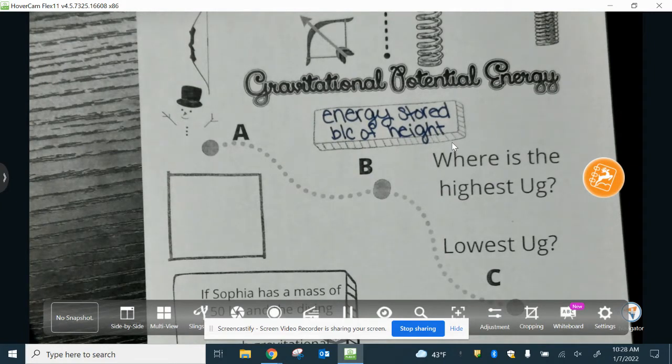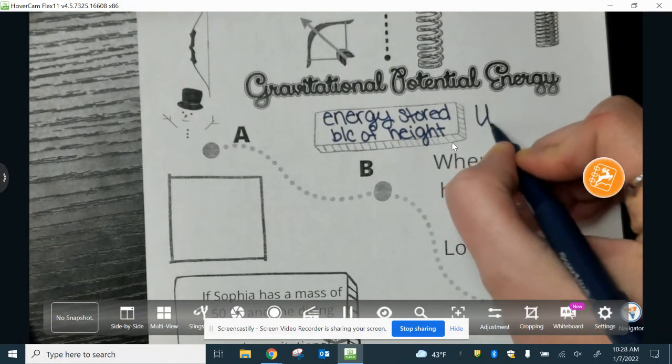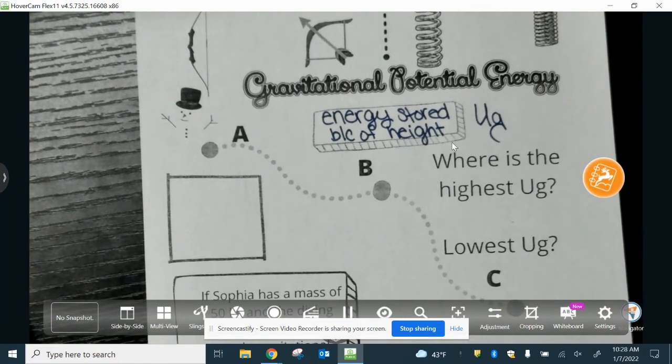This is a lab that we did yesterday where you saw moving things around change that gravitational potential energy. In here, for various reasons that we don't really need to get into, gravitational potential energy is going to be UG.